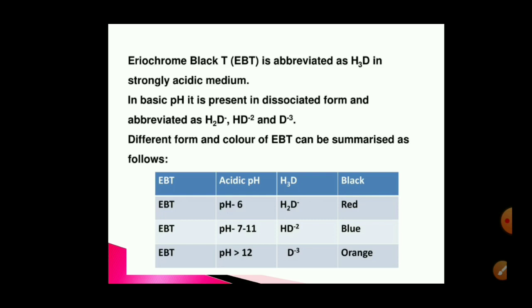The pH of our titration is around 10, and you can notice that from pH 7 to 11, it exists in the HD-2 form, which is blue in color. And at very high pH around 12, it is completely deprotonated and exists in the D-3 form, which is orange in color.